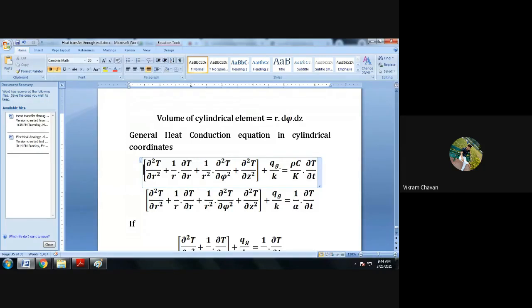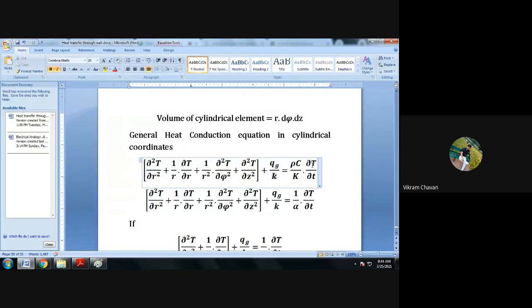We have discussed this. Small q suffix g is the heat generation per unit volume per unit time, where K is the thermal conductivity of the cylinder material, which will be equal to rho C divided by K, where rho is the density of the material, C is the specific heat, and K is the thermal conductivity, multiplied by del T divided by del t. Del T is the change in temperature and del t is the change in time.